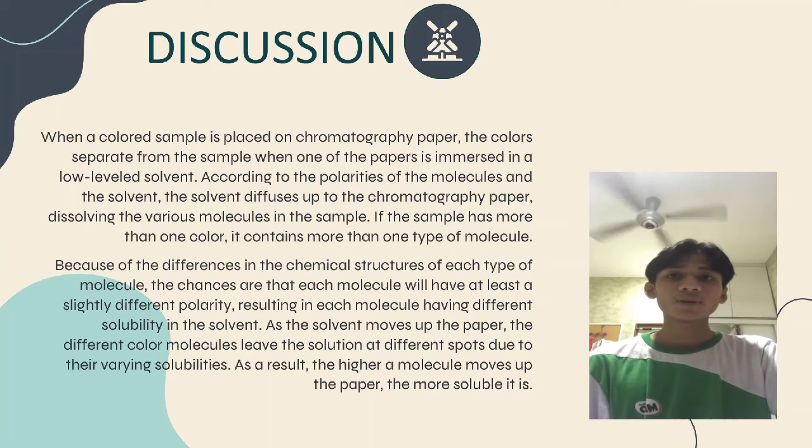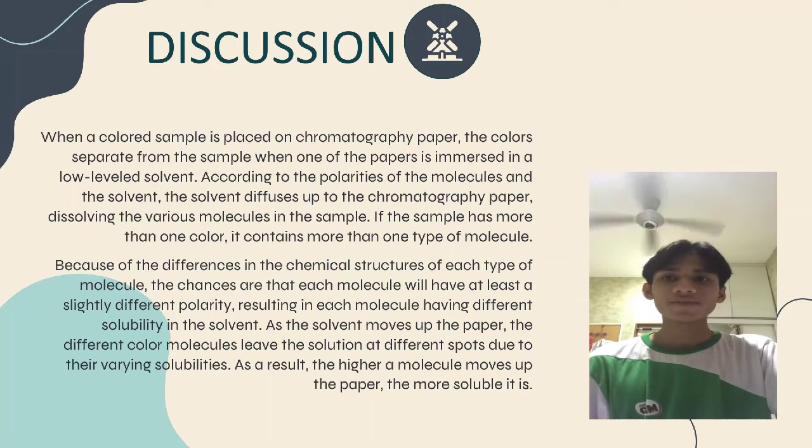According to the polarities of the molecules, the solvent diffuses up the chromatography paper, dissolving the various molecules in the samples. If the sample has more than one color, it contains more than one type of molecule, as I explained earlier from the table.